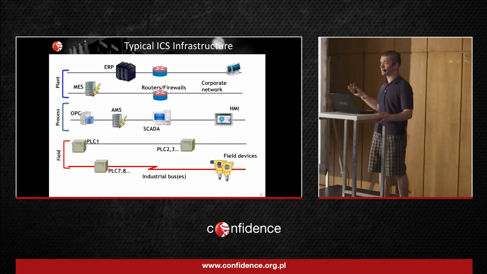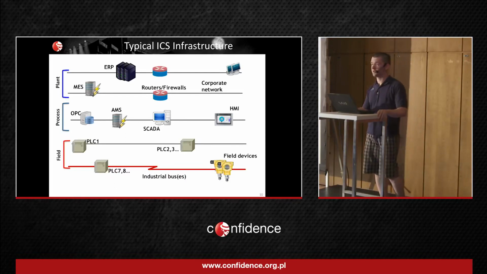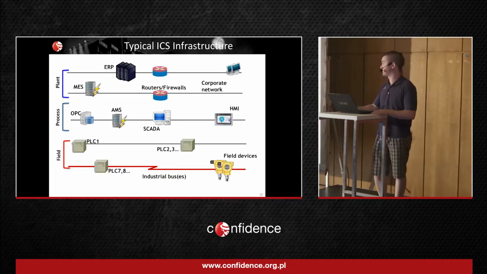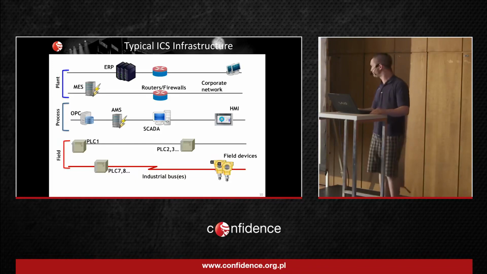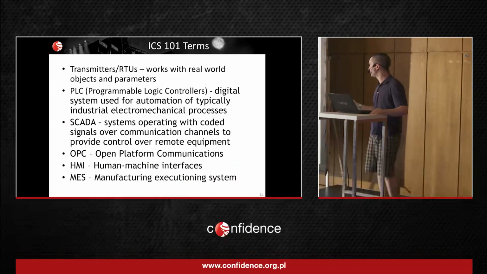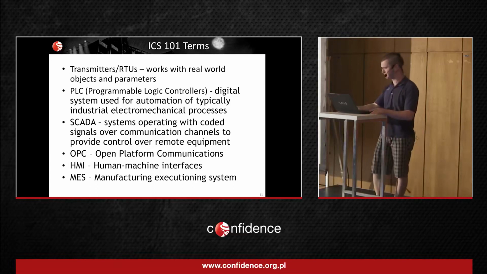And the highest level is where the industrial process and business process integrate, so business systems like ERP, etc. can be found there. So, some ICS 101 terms: there are transmitters, programmable logic controllers, what SCADA is, OPC, HMI, MES. There are really a lot of abbreviations.